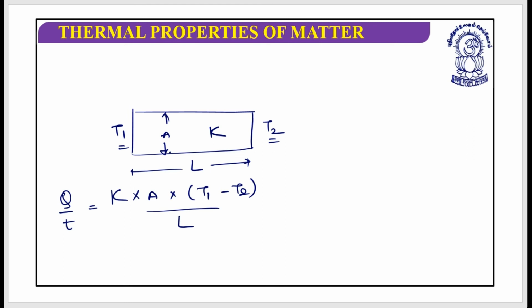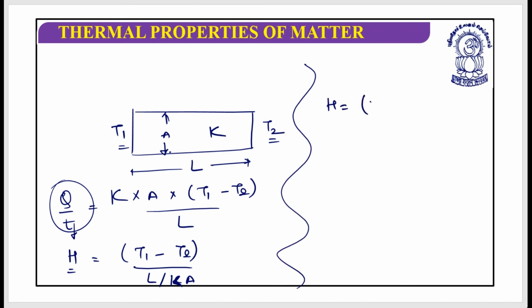So if I call this the heat current that we represent by H, then this could be written as H equals T1 minus T2 divided by L by KA. So this is L by KA.